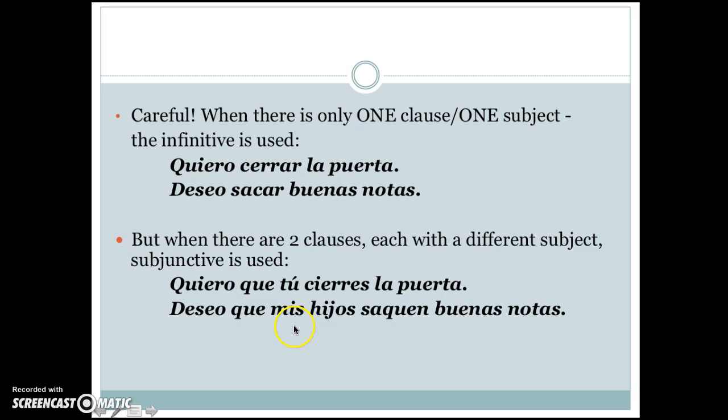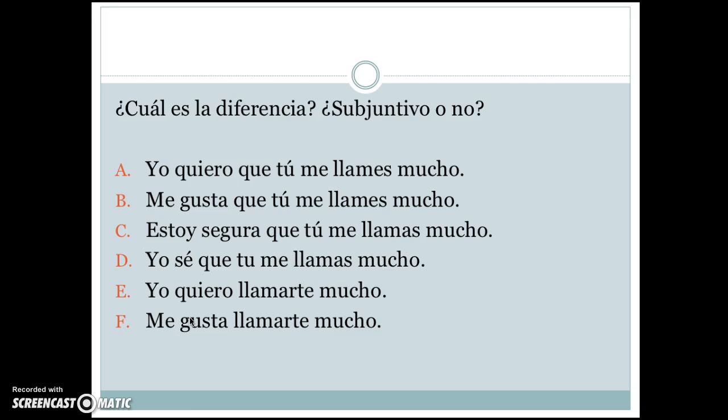Deseo que mis hijos saquen buenas notas. I'm doing the wanting, that my children get good grades. So now we do have two different clauses, two different subjects, first one expressing uncertainty. Just because I want them to get good grades doesn't mean that they will.